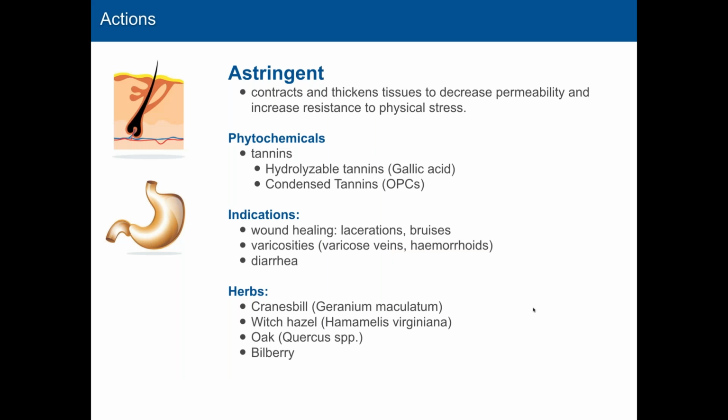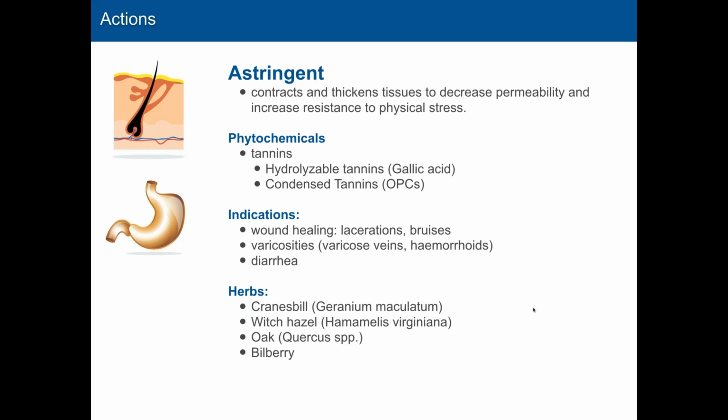Other herbs that can help with wound healing are astringents. Astringents also have a great effect for not just wound healing, but for diarrhea as well. And as I mentioned before, the way that astringents work is they form a cross-linking with the proteins, and they kind of pull the damaged tissues together and help to dry up the mucous membranes.